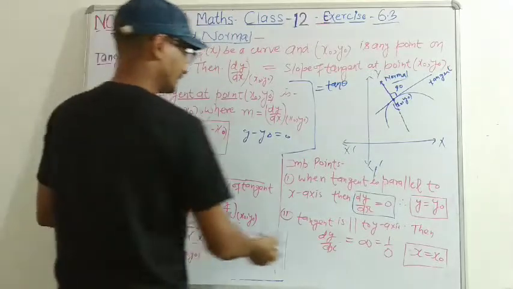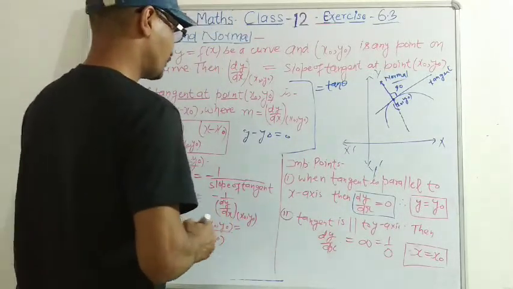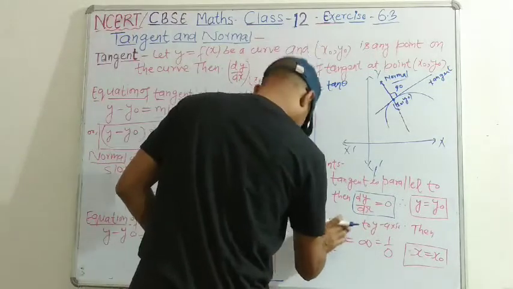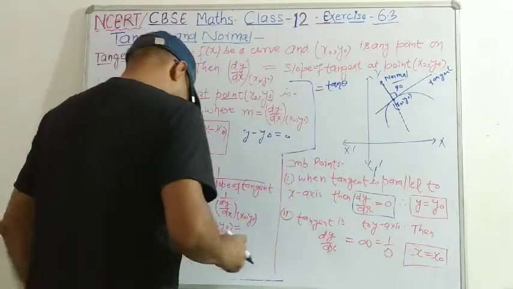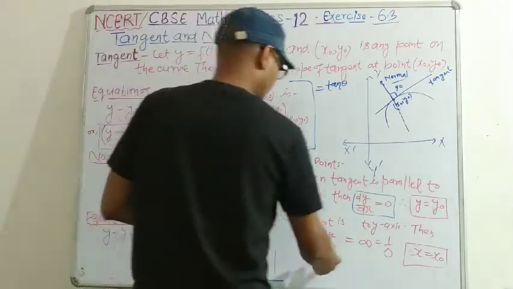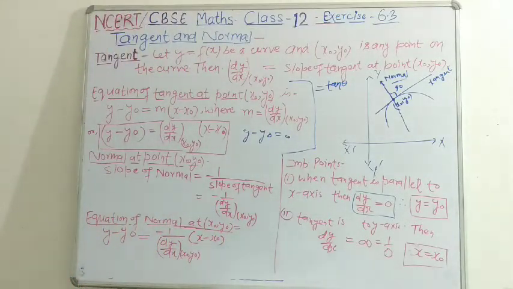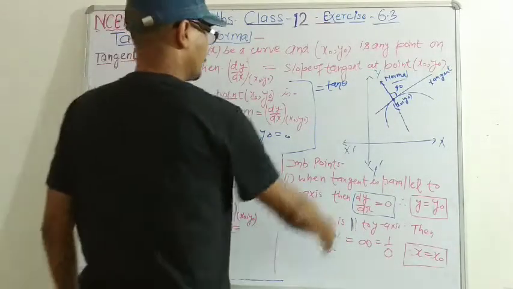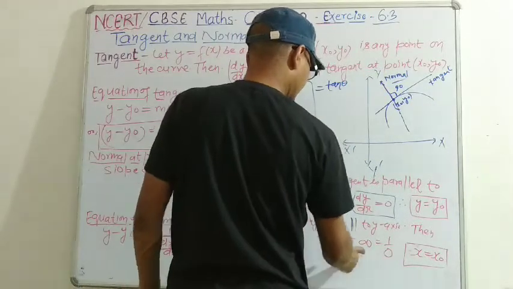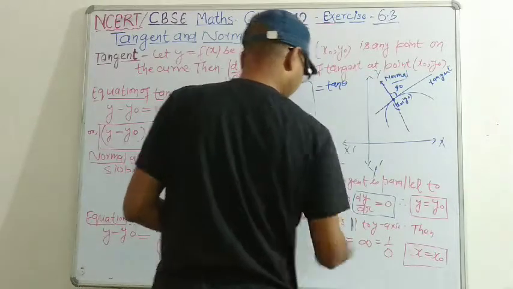Now next, if the tangent is perpendicular to the x axis, that is, parallel to the y axis, in that case dy by dx is equal to infinity, and infinity may be written as 1 by 0. So number two is if the tangent is parallel to the y axis, in that case dy by dx is equal to infinity, which sometimes becomes 1 by 0.